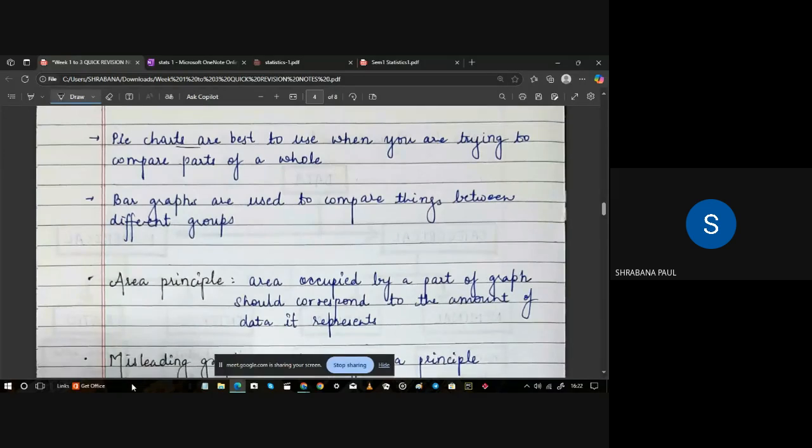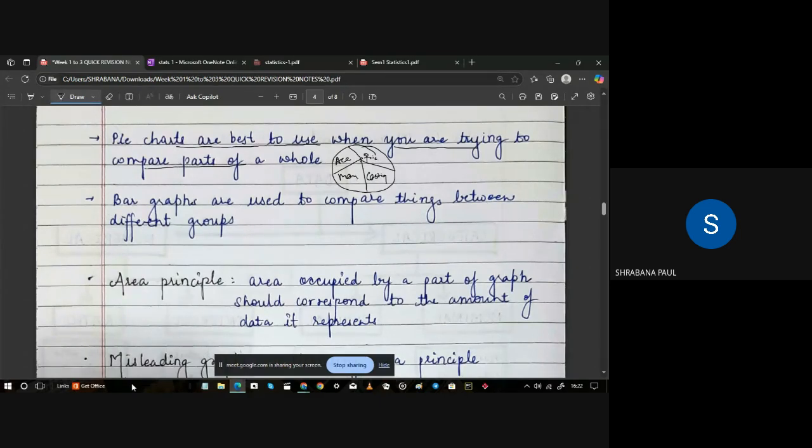So pie charts are best used when you are trying to compare parts of a whole. Like, for example, a big company: this is the accounts department, this is the manufacturing department, the costing department, the pricing department.